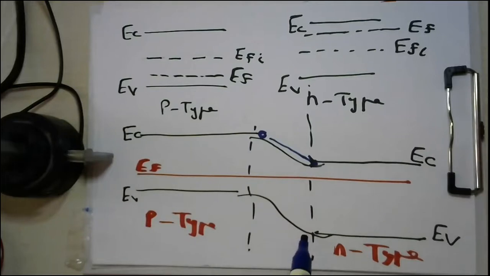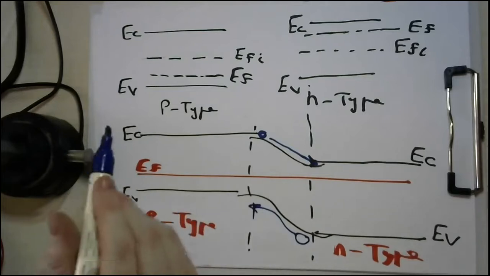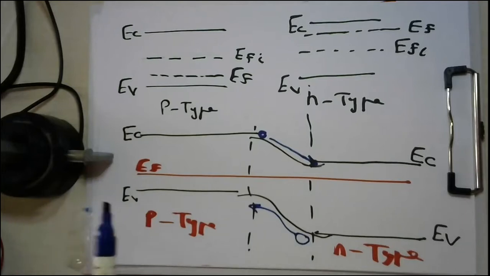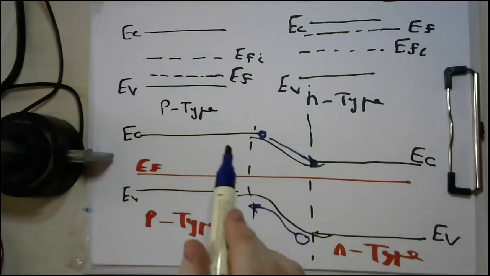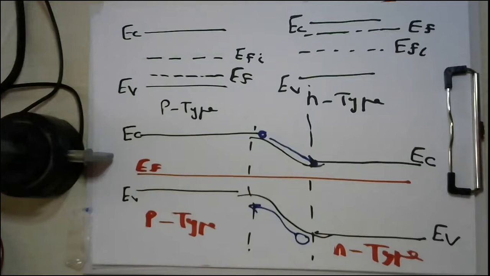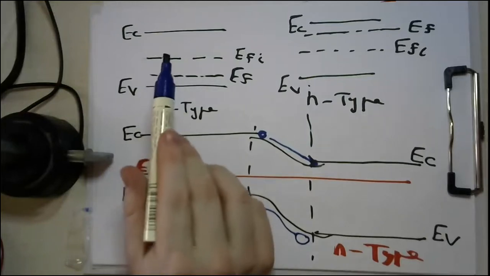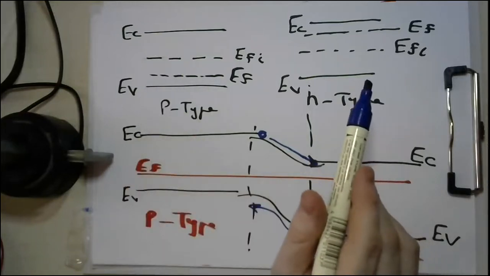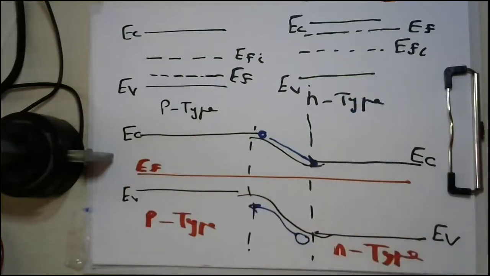And if you have a hole here, this hole will drift and go to the other side because the energy of holes decreases by going upward. So now we have a potential. However, we didn't insert any external force. We just combined the P-type and the N-type portions together. We did not insert any external battery to our semiconductor or to our Pn junction.